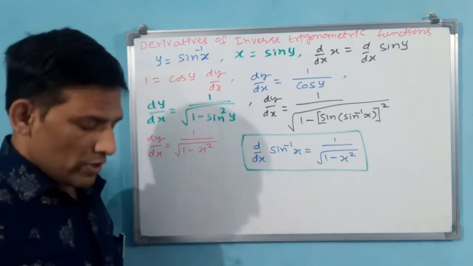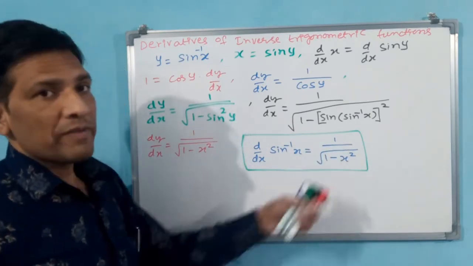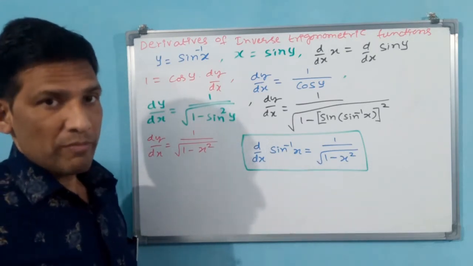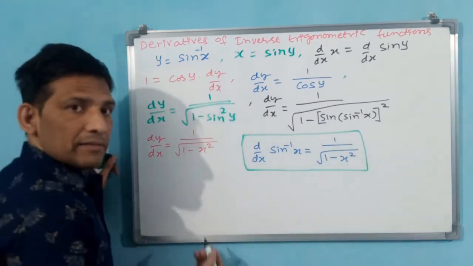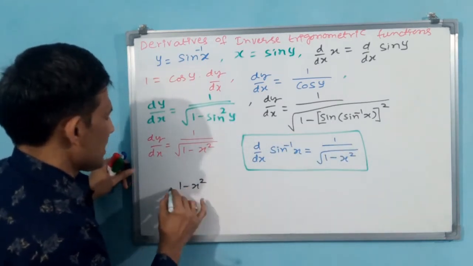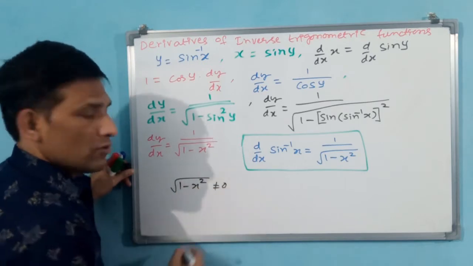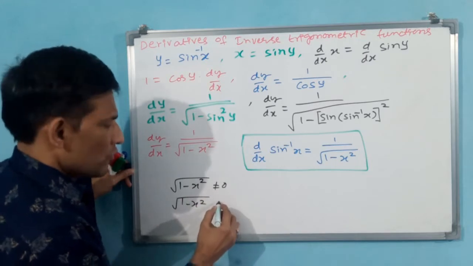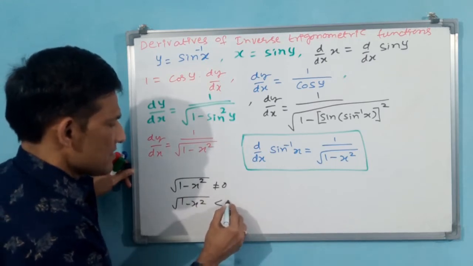This is okay. But what is the value of x? Here 1 minus x square should not become 0, that you have to keep in your mind. What are you going to write here? The square root of 1 minus x square should not become 0, and it should not be less than 0.